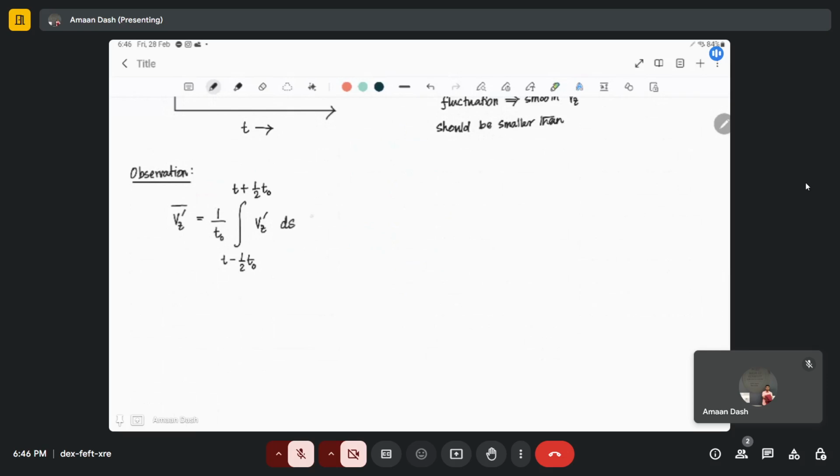Now this Vz prime I can write as Vz minus Vz bar times ds.